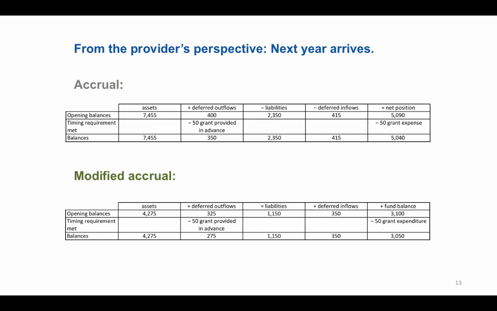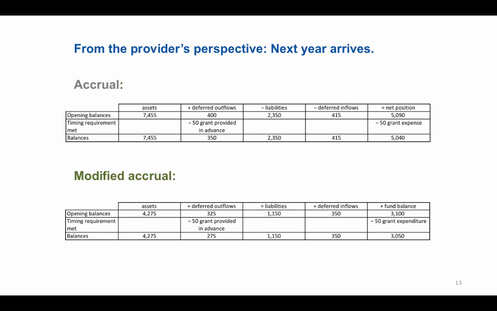It's much rarer that they will receive the money up front, and you would then have to recognize a liability if there's a performance or an eligibility requirement to be met, or a deferred inflow of resources if there are no eligibility requirements remaining, or there never were any, but there is a time limitation on the use of the resources. Otherwise, most of the time they spend.